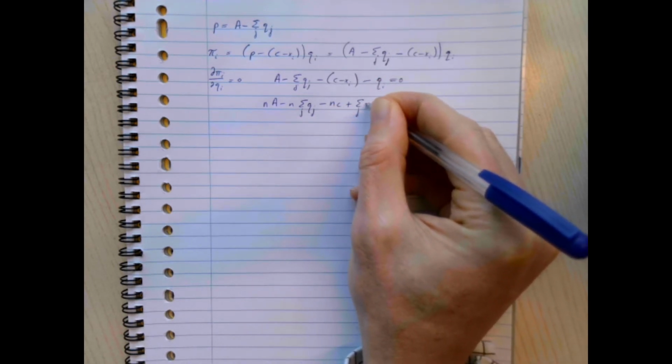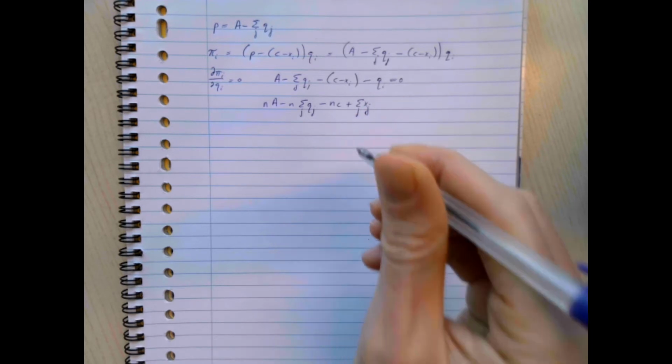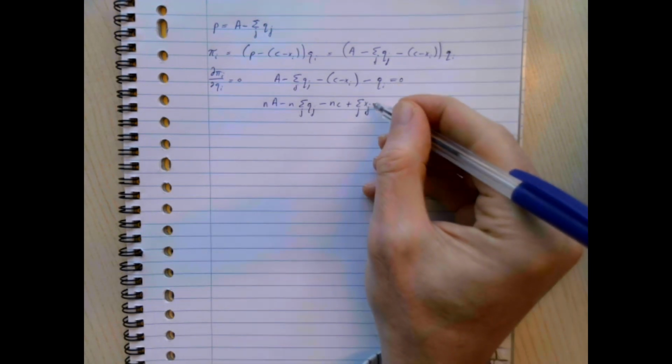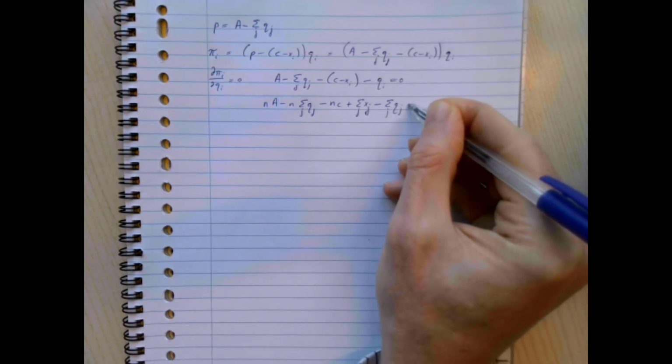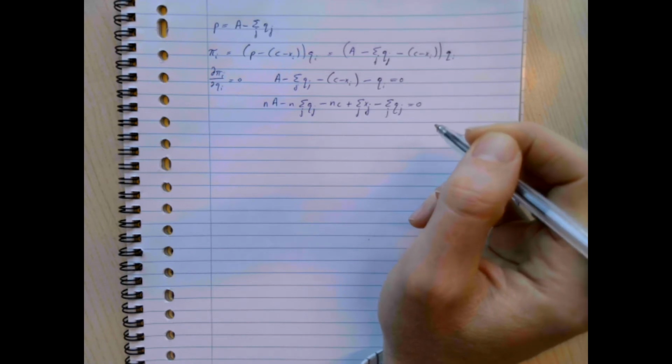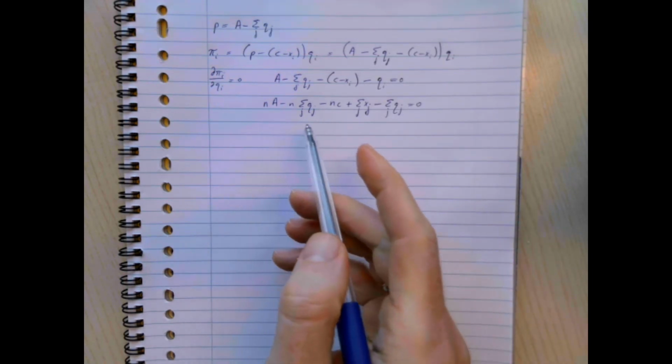Let me write this as xj's, because j is just the name for the index running from 1 to n, just like i. And minus the sum of all these quantities equals 0. So this is what we get when adding this up.